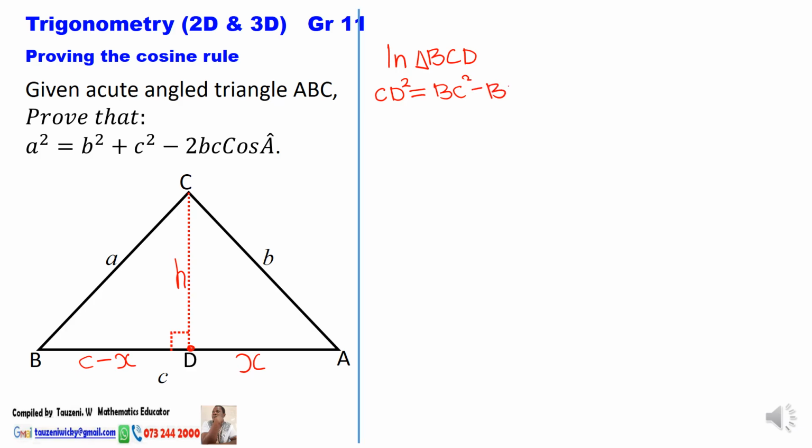This is coming from the theorem of Pythagoras. By substitution, CD is equal to h. Therefore, this is h squared equals BC, which is a, squared minus BD, and BD is c minus x, and then squared.